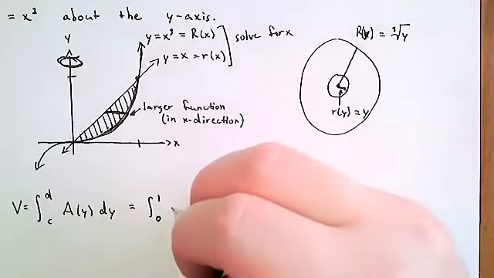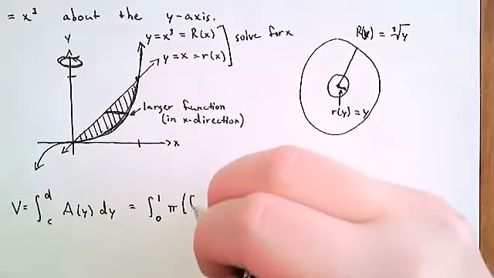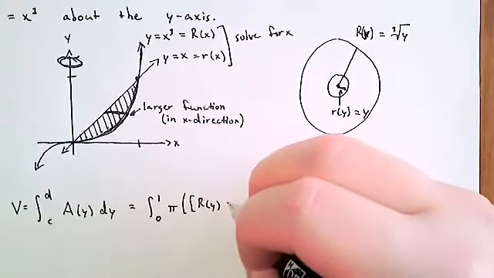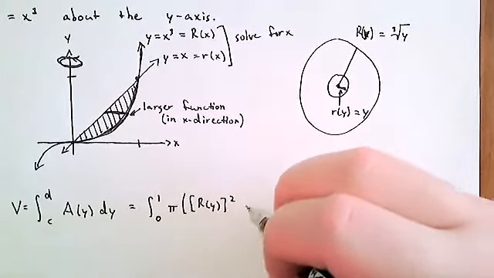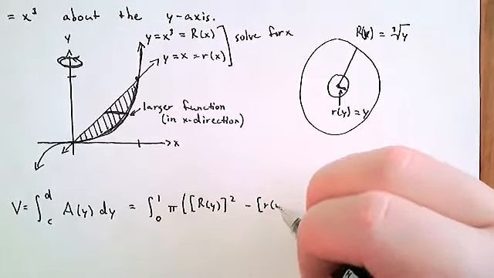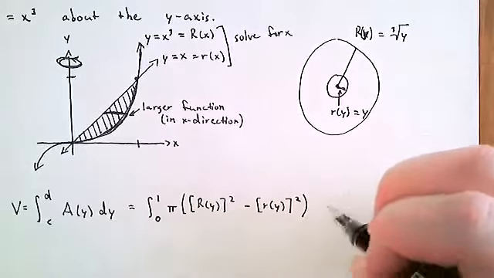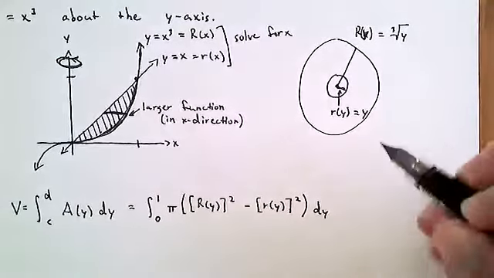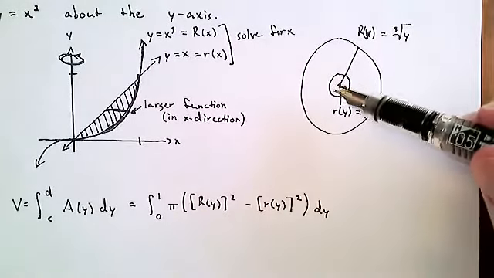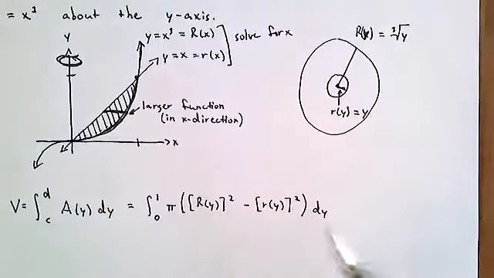And then we need pi times uppercase r of y squared minus little r of y squared, because we're still subtracting the smaller area from the larger area, we just have y's instead of x's now.